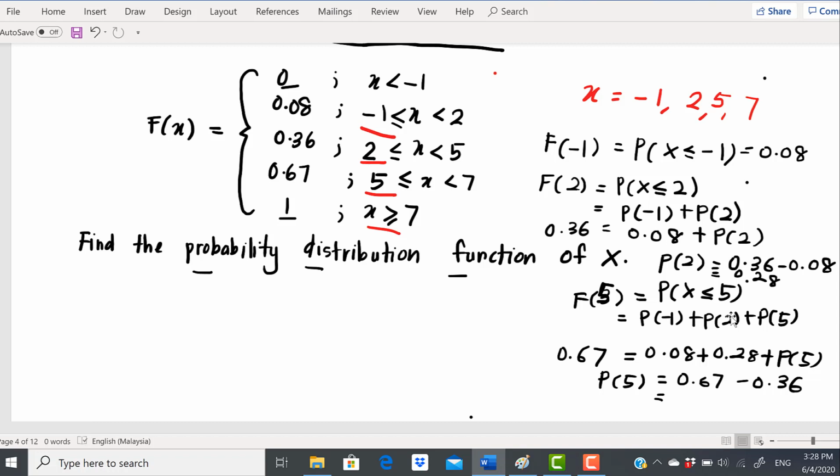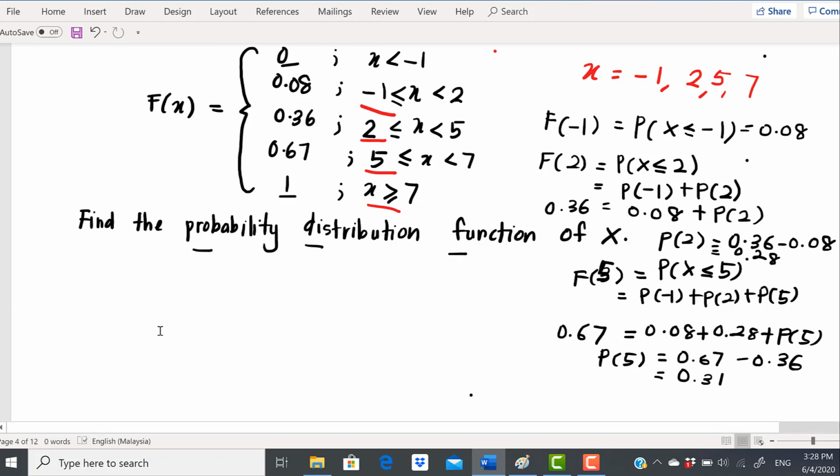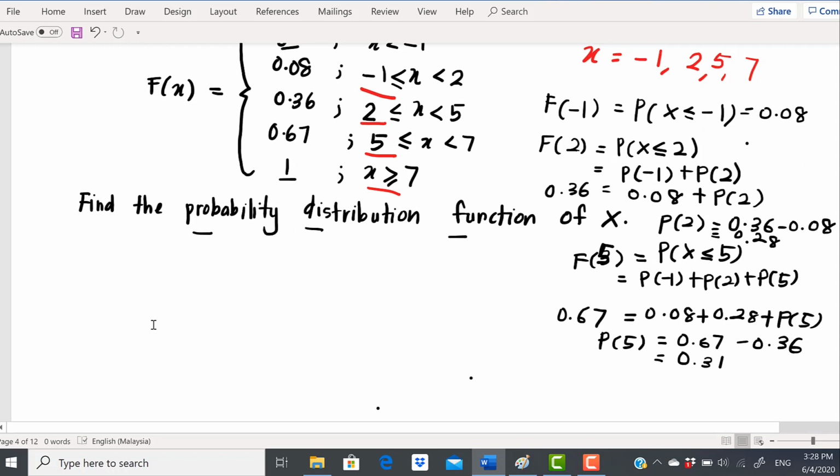Okay, 0.08 plus 0.28 is equal to 0.36. So we already have this one, 0.36. So what do you get? 0.31.